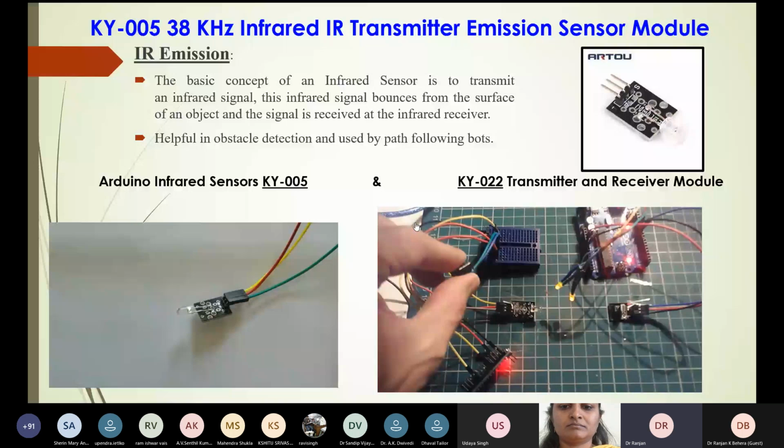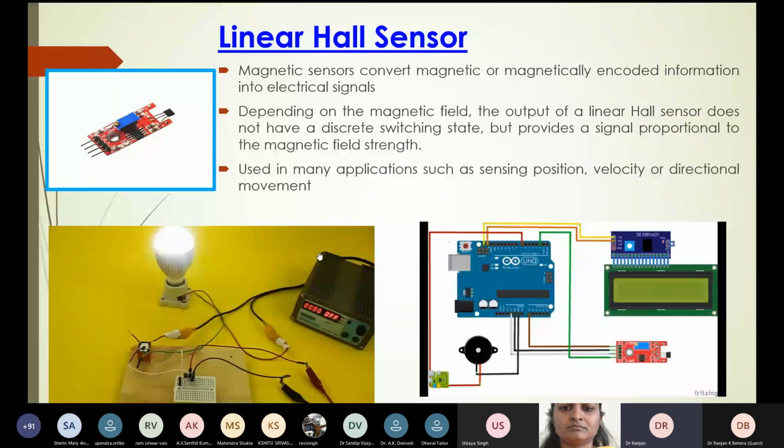Another is the Hall sensor, which can be connected in different ways. For example, you can use it as a switching device. Here you see this lamp is supplied from the main. Now you want to control this one. Now you switch off the main.